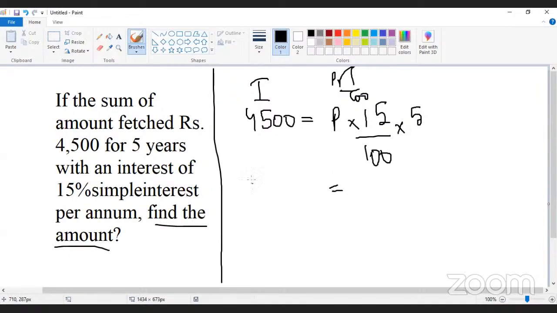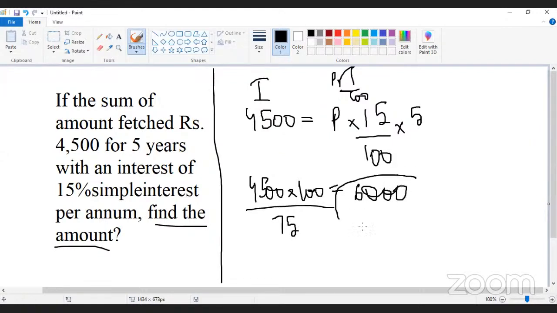Simplifying them, just cross multiply: 4500 times 100 divided by 15 times 5. That is 75. 6,000. Okay, so the amount invested at the beginning, the principal amount, would be 6,000. Are you clear with the question? Yes, sir. Okay. Any doubts with this question?